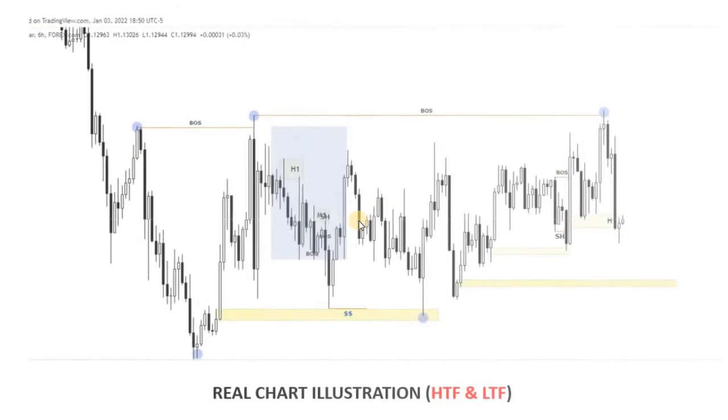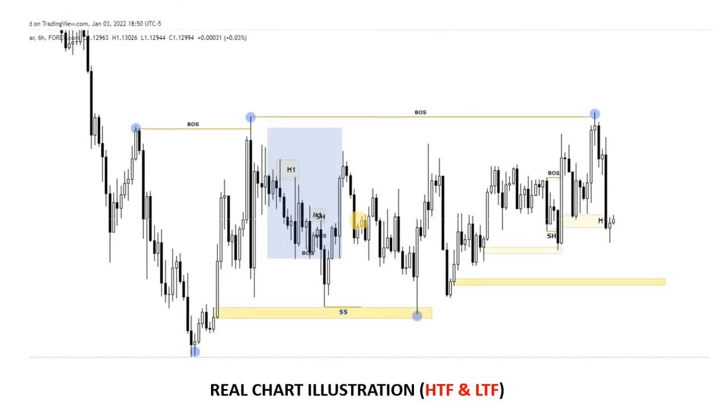Now quickly, we are going to be looking at the real chart illustration, higher time frame structure, and the lower time frame structure. Firstly, I started with a schematic. This is just the real chart illustration of that particular schematic that I started with.